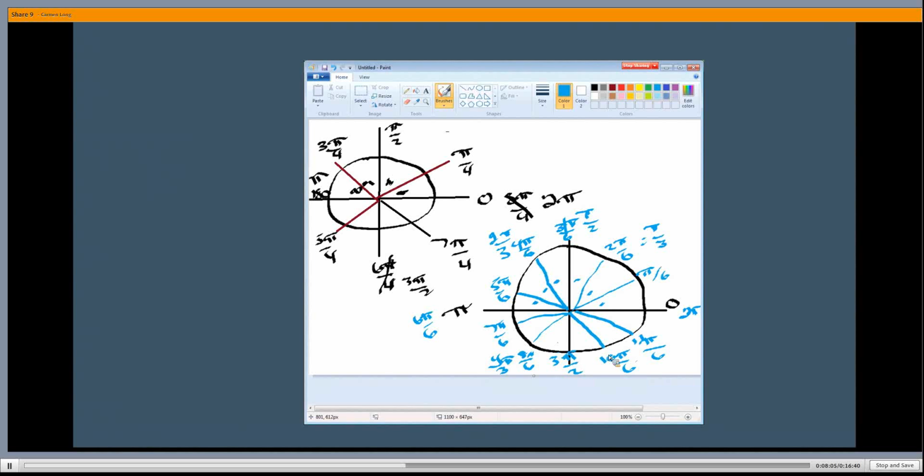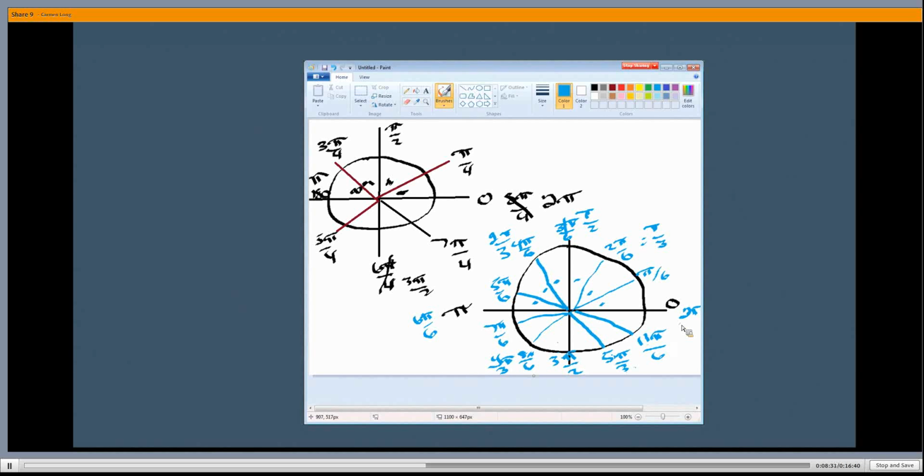And then 10 pi over 6 is the same as 5 pi over 3. We're almost done. 5 pi over 3, and then 11 pi over 6. And that's where those radian measures come from on the unit circle.